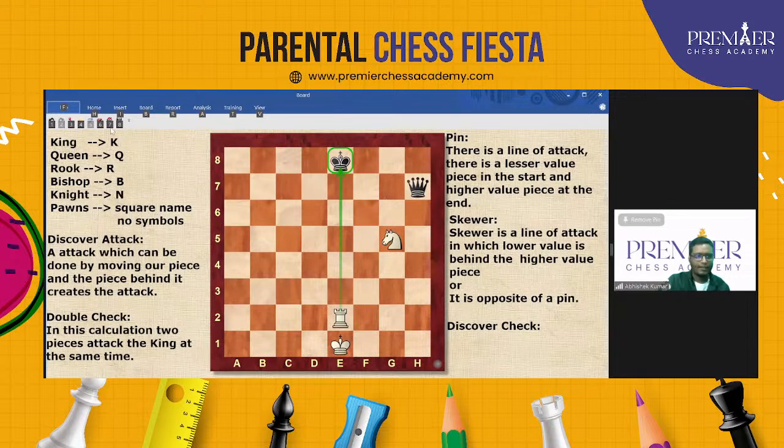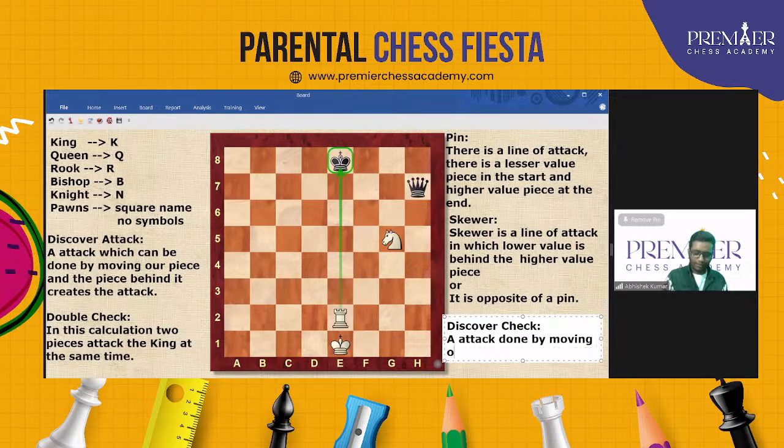Let's write the definition of this discovered check. It will be the same as discovered attack, but instead the piece which we are attacking will be the king. So we write: attack done by moving our piece while the piece behind it attacks the king.